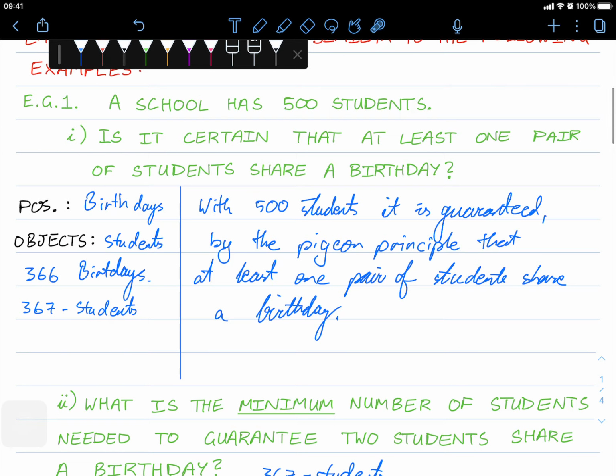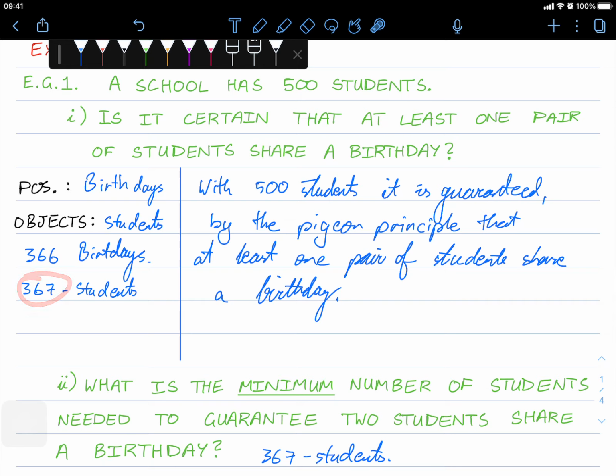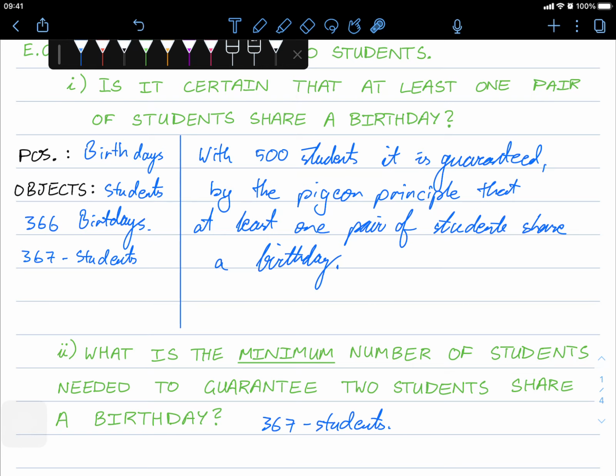To clarify, you could have 100 students, and it is possible that 2 or more share a birthday, but it's not 100% guaranteed. With 367 students, it is 100% guaranteed that 2 or more students share a birthday. This is what the Pigeonhole Principle can be applied to.